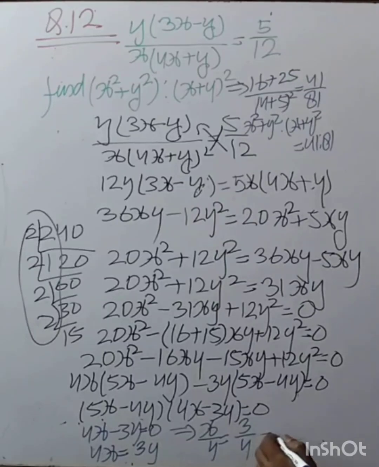Or you can write x ratio y is equal to 3:4.